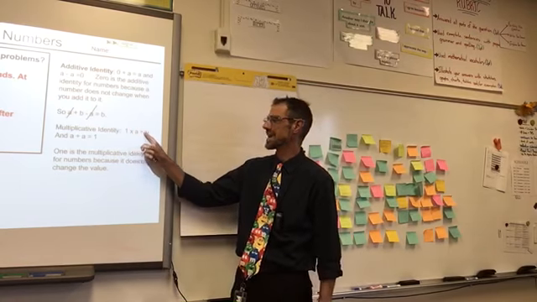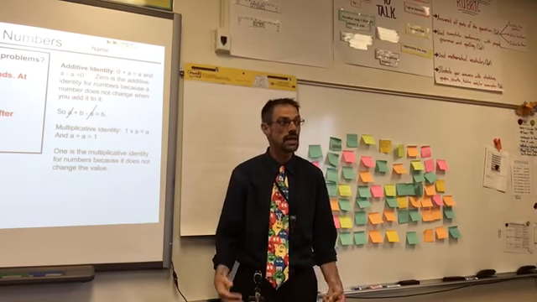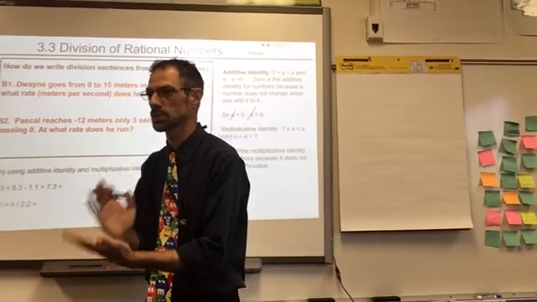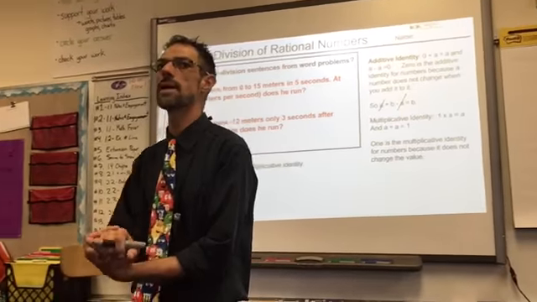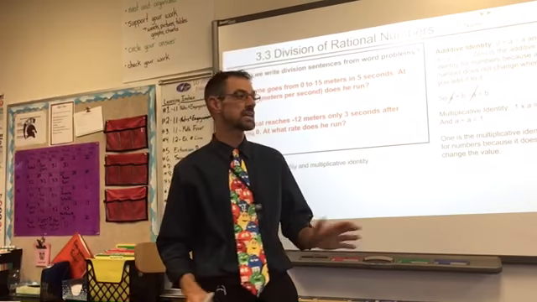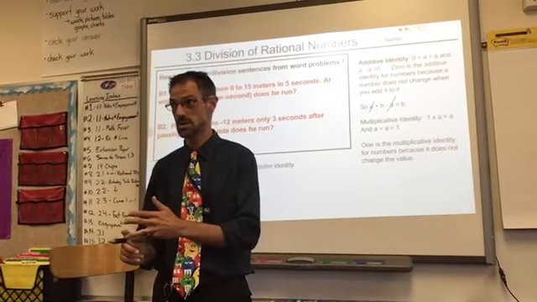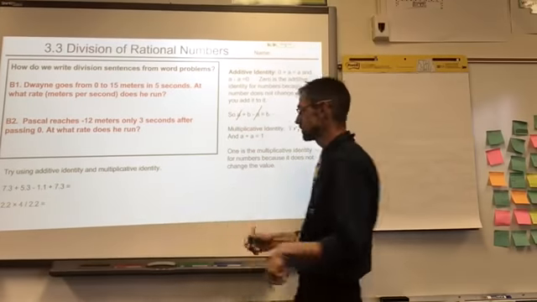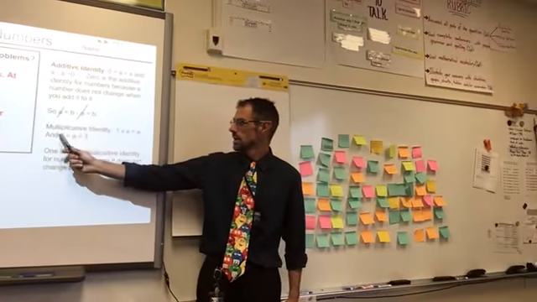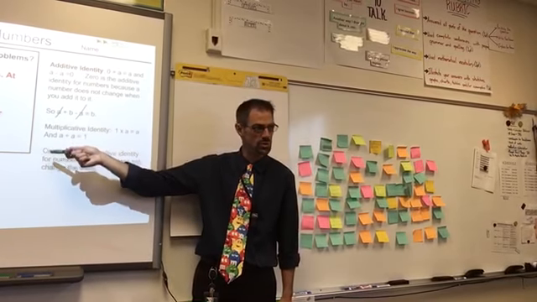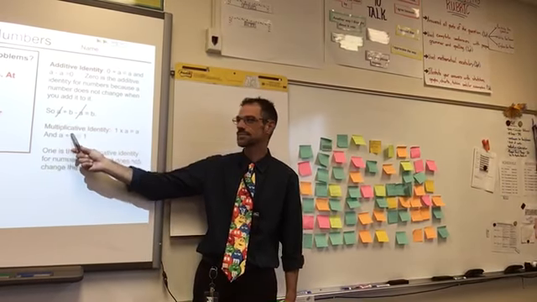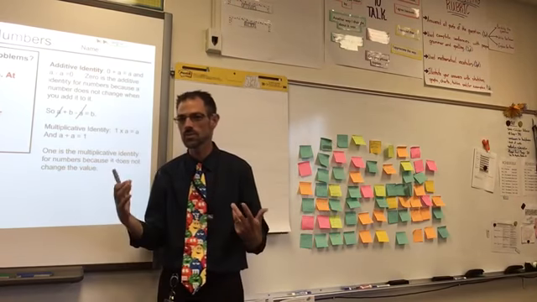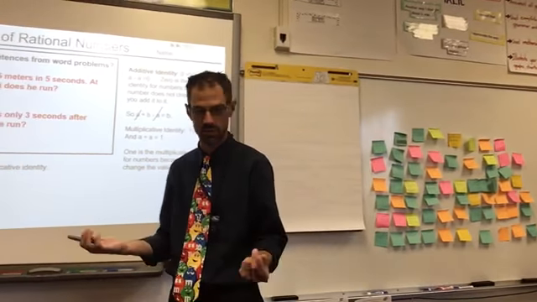So 1 times A equals A. In algebra, you guys are going to be constantly looking for multiplicative identity because it makes life easy. And today, when you're doing G1, G2, G3, look for it because it exists in those problems. So if this is true, so is the opposite. A divided by A equals 1. And I love getting 1 because it's such an easy number to deal with.